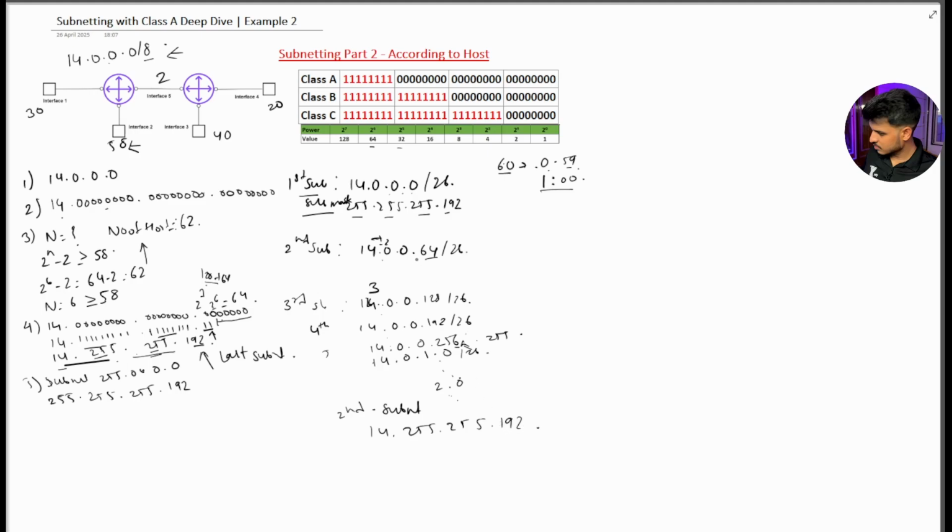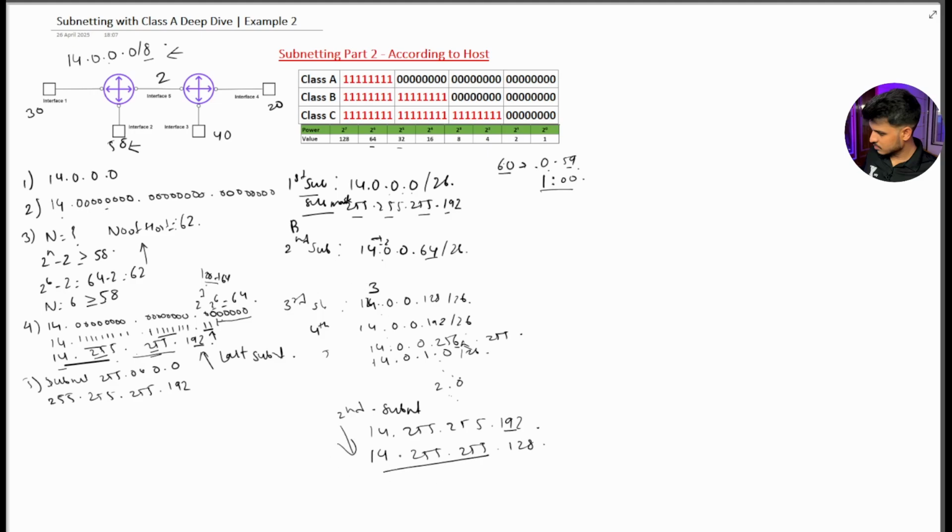Our subnet is incremented by 64, so our second last subnet ID will be after subtracting 64 from this 192. So it will be 14.255.255.128. This will be our second last subnet ID.